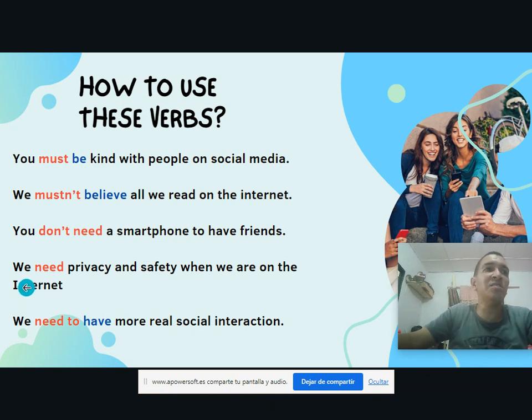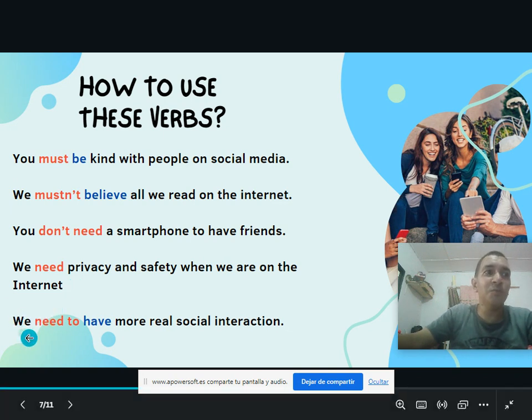And the next sentence, we need privacy and safety when we are on the internet. We need. We can find the verb need in affirmative form. We need privacy. And finally, we need to have more real interaction. Okay? We need to have. In this case, need is a semi-modal verb.